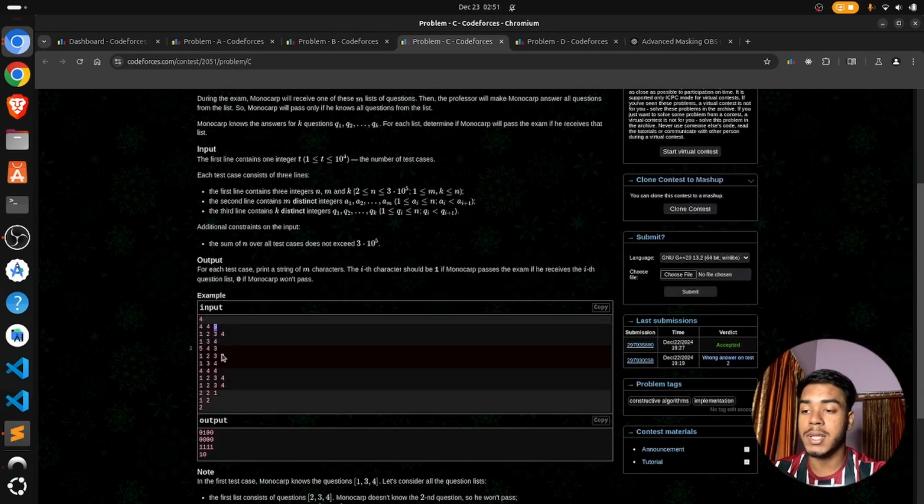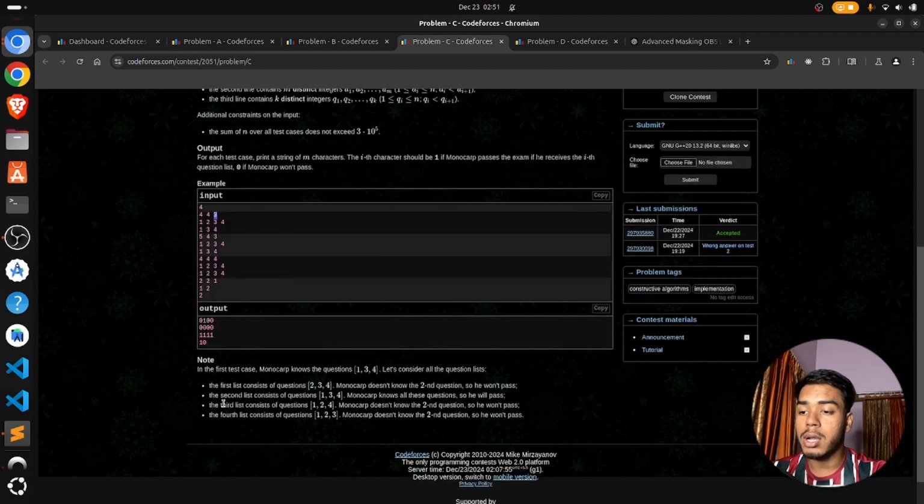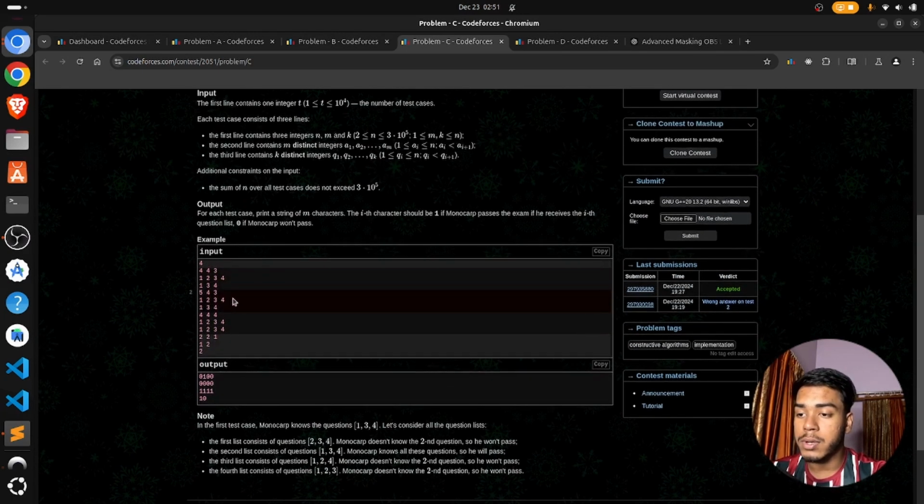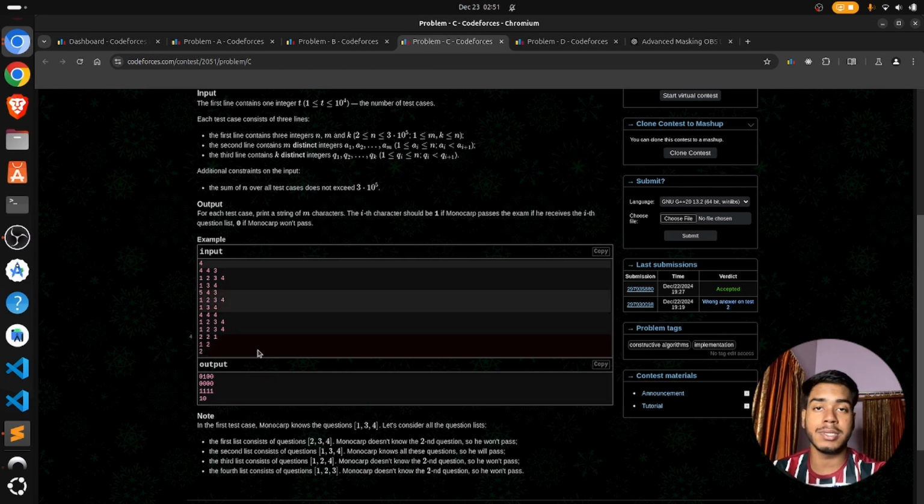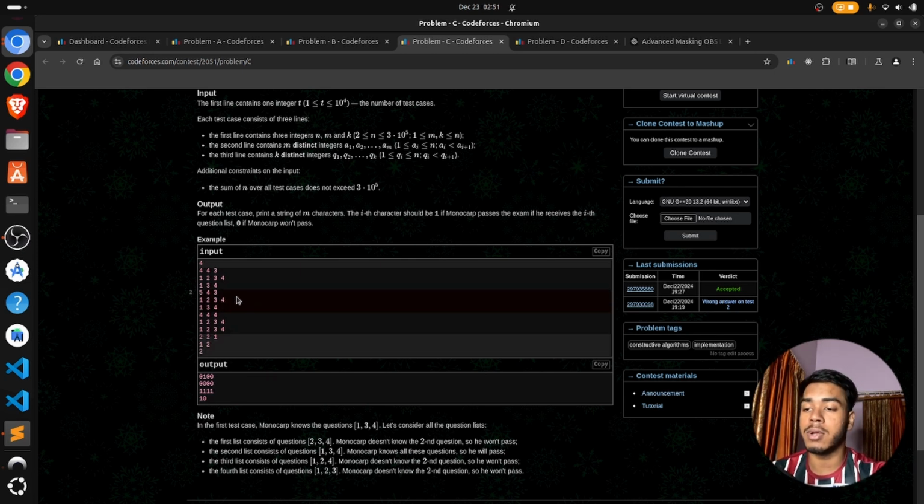You can see it in the second example, where n minus 1 is 4 but k is 3. So if k is less than n minus 1, you will get all 0, irrespective of what you do.